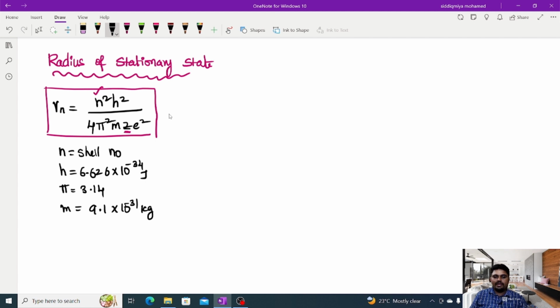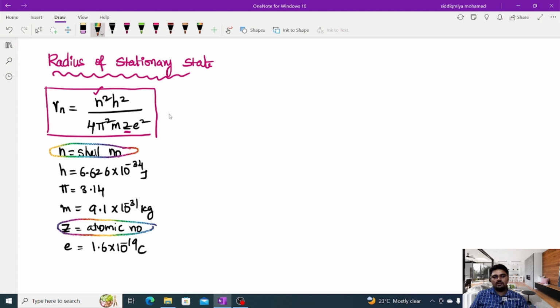And Z means atomic number, and e means charge of electron, that is 1.6 into 10 power minus 19 coulomb. Once you observe, except shell number and atomic number, the remaining all are constants only.